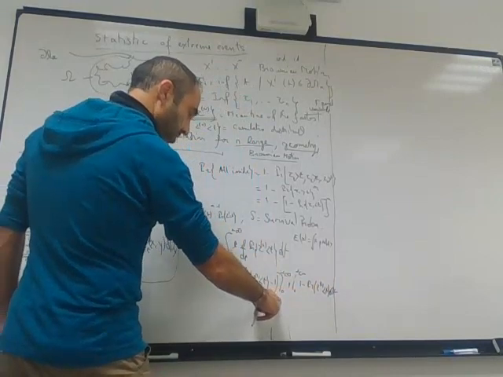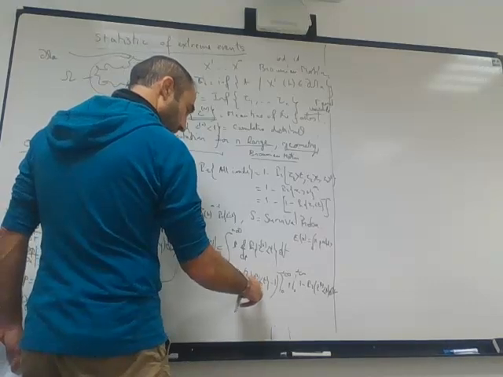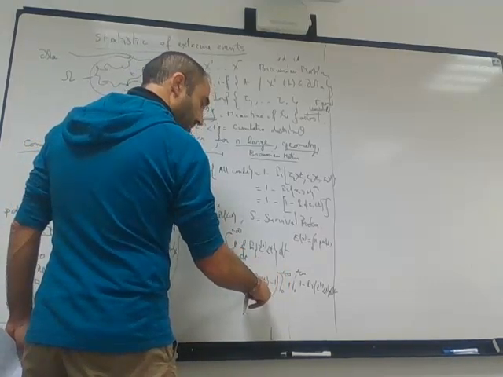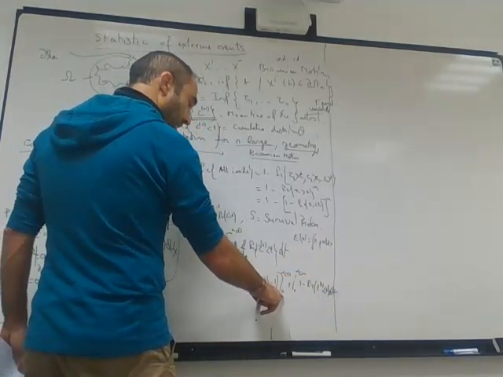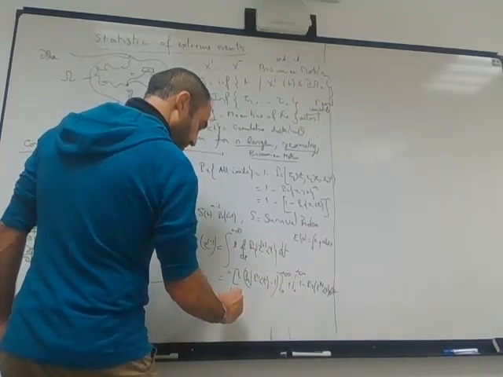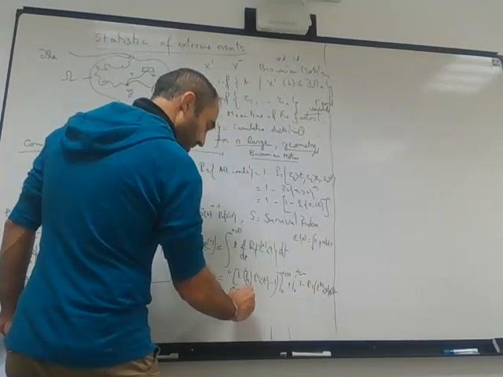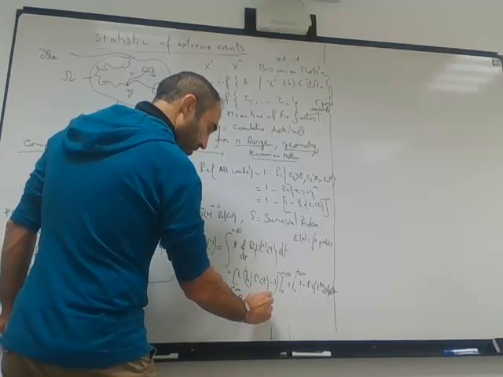At infinity, the probability that tau n is less than infinity is 1. So 1 minus 1 is 0. And at 0, because I have a t here, this is 0. So I'm left with the integration from 0 to infinity of 1 minus this, which is just the probability that tau n is larger than t, dt.